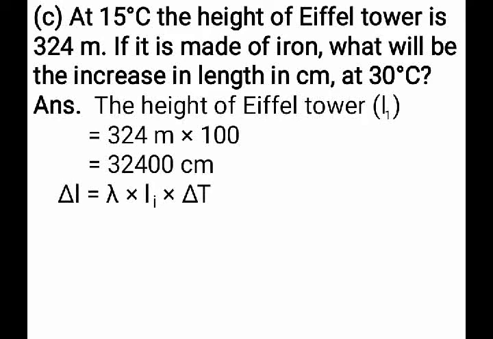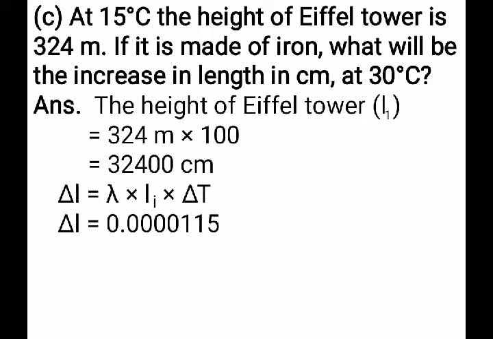Now you have to substitute the value. That is, delta L is equal to lambda, the coefficient of linear expansion of iron, which I gave you. So in place of lambda, you have to write the coefficient of linear expansion of iron, that is 0.0000115 into initial length.